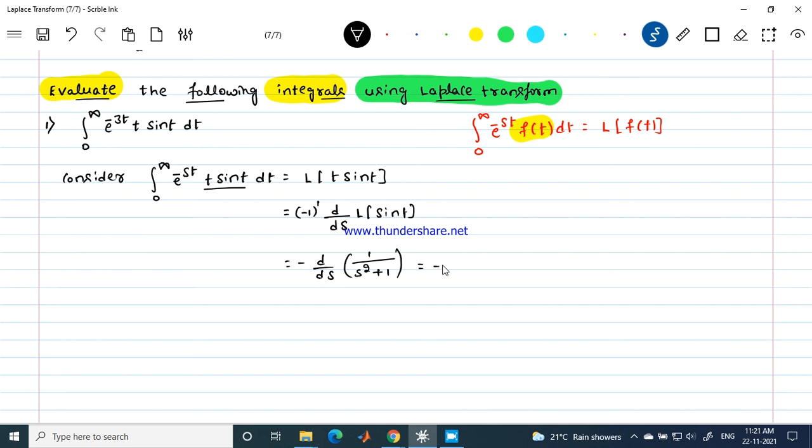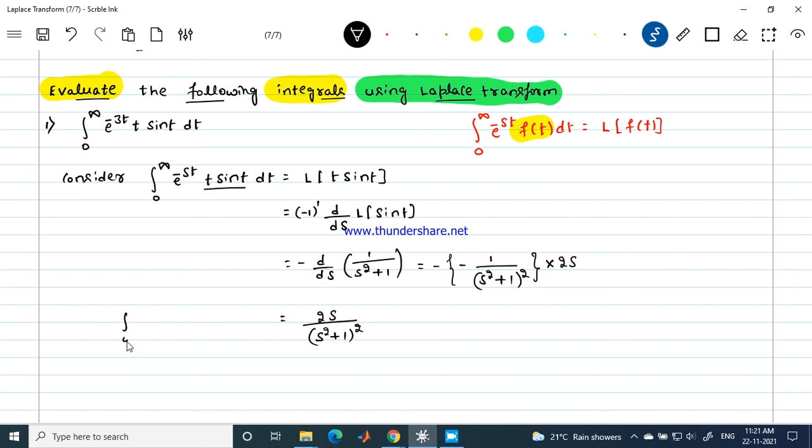Now its differentiation gives minus 1 by s square plus 1 whole square into differentiation of s square plus 1, which is 2s. It's equal to minus into minus, plus 2s upon s square plus 1 whole square.